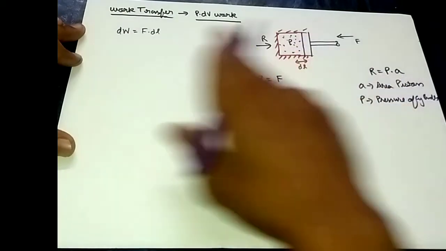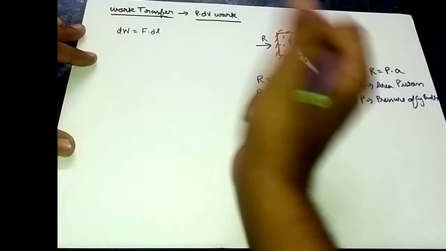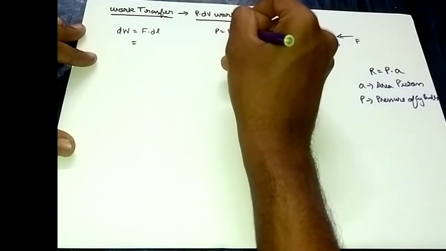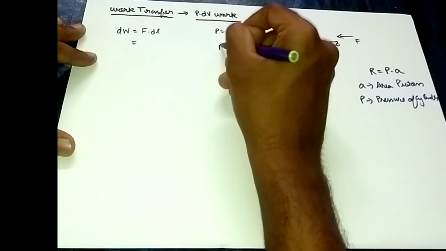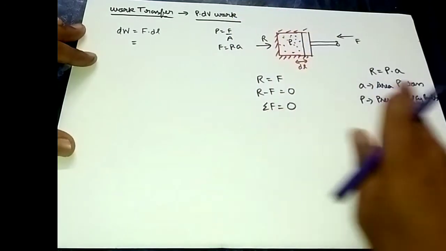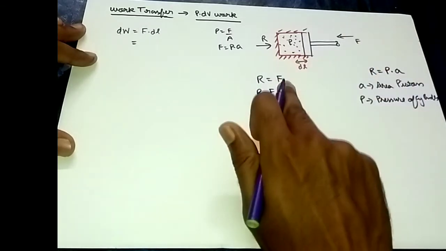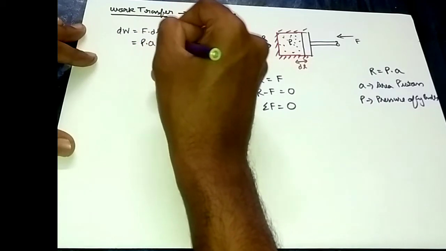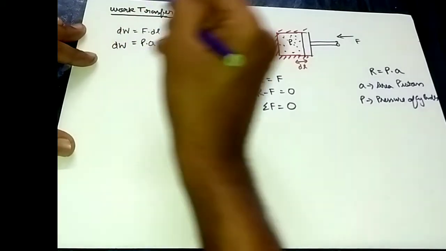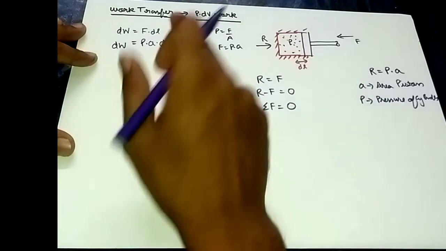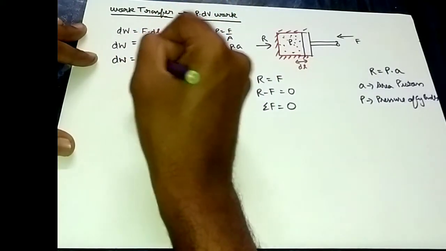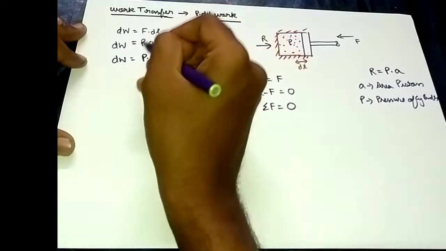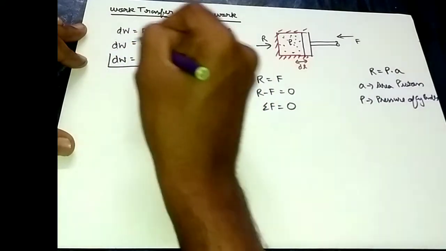The force can be replaced by pressure into area, because pressure is force by area, so force is pressure into area. R is equal to F, so F can be written as pressure into area into dl. Now what is area into length? It is nothing but the change in volume dV. So this is the work transfer, dW equals P into dV.